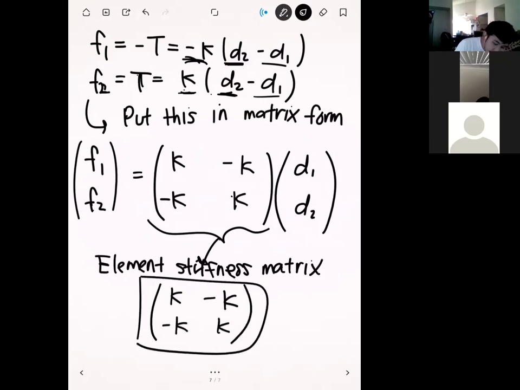Where little k in this case, remember, is our spring constant. So it's very simple. As long as you know the spring constant for a spring, you can just plug it into this formula right here, where you have a symmetric matrix with a positive K on the diagonal, and then a minus K on the off diagonal. Okay.